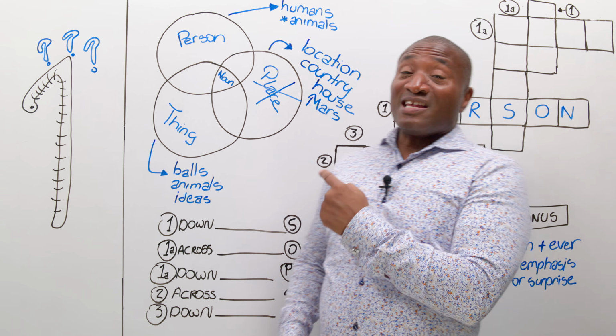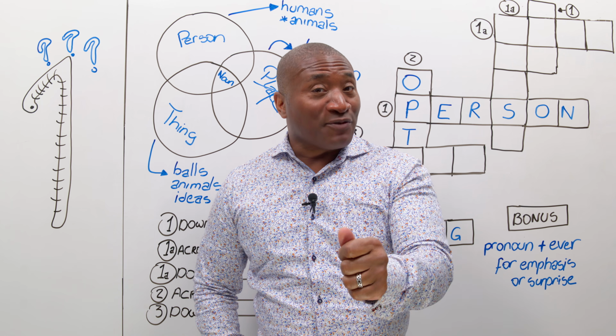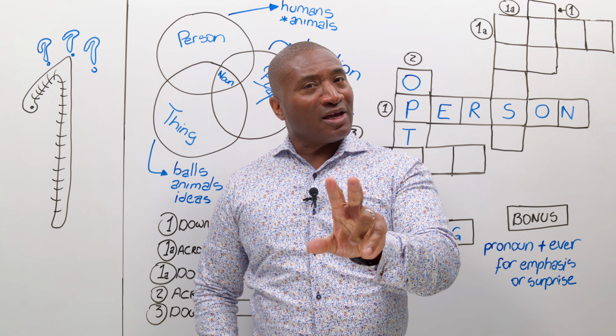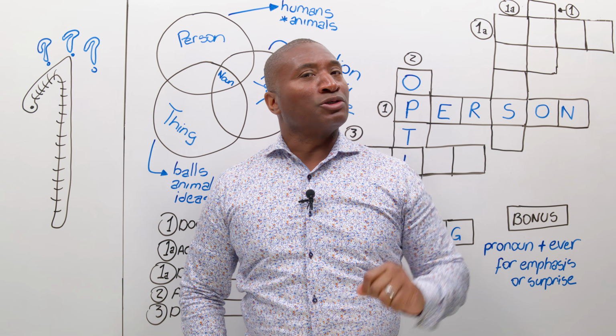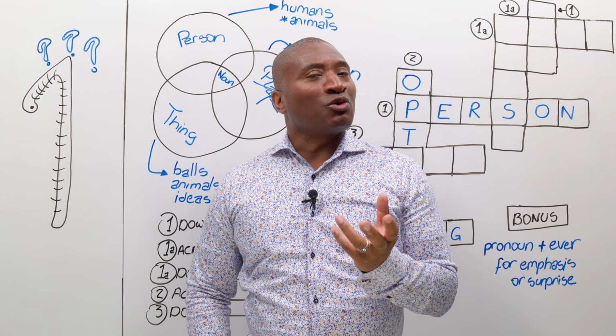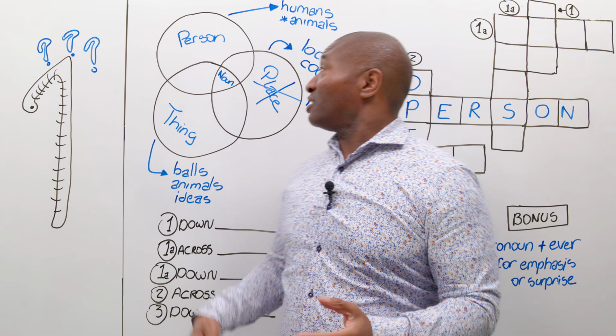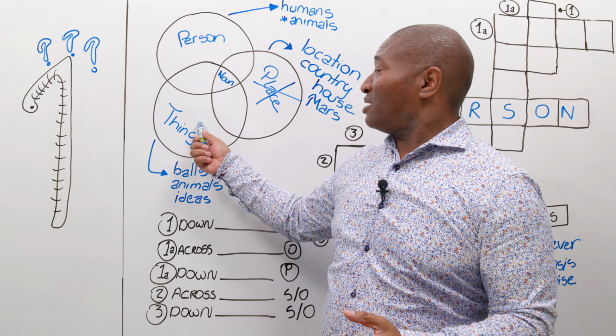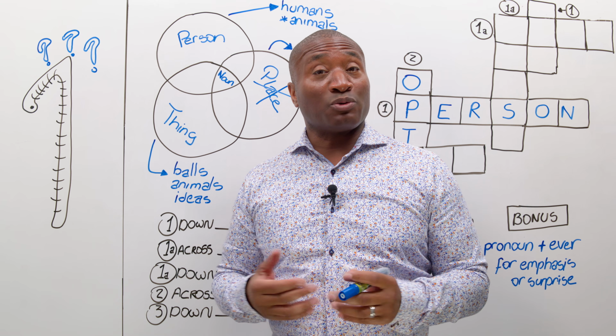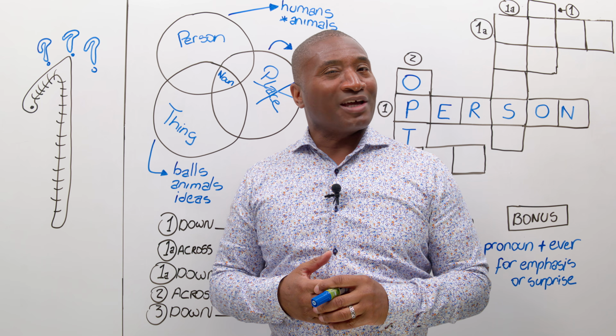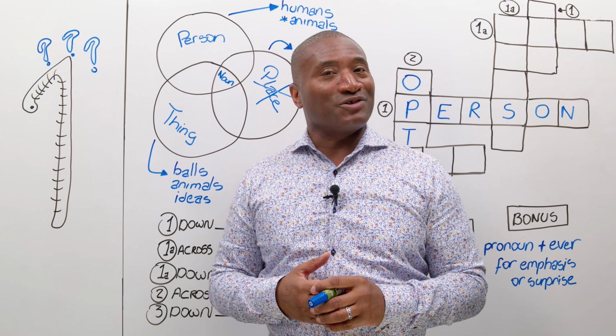Well, you see, my friend, that is an interrogative adverb, which is a little bit different, and there will be another lesson that you will tune into later where I will explain what these are and how they function in a sentence. But for now, let's stick with person and thing and the words we use to replace them.